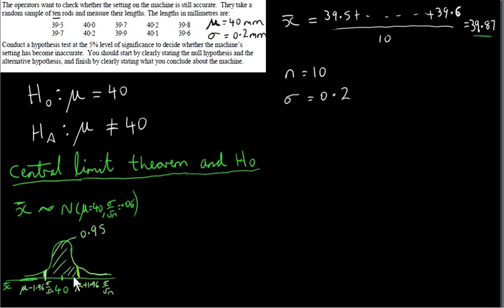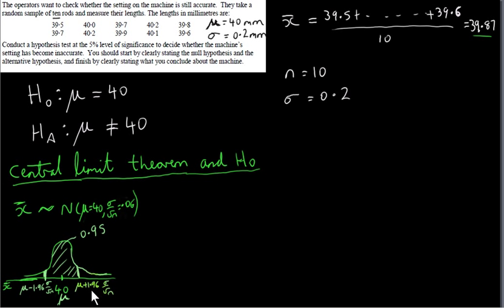A very important fact about normal distributions is that 95% of the values, in this case values of x bar, lie within 1.96 standard deviations of the mean. So the mean mu is equal to 40. So 95% of the values lie between mu minus 1.96 sigma over root n and mu plus 1.96 sigma over root n.